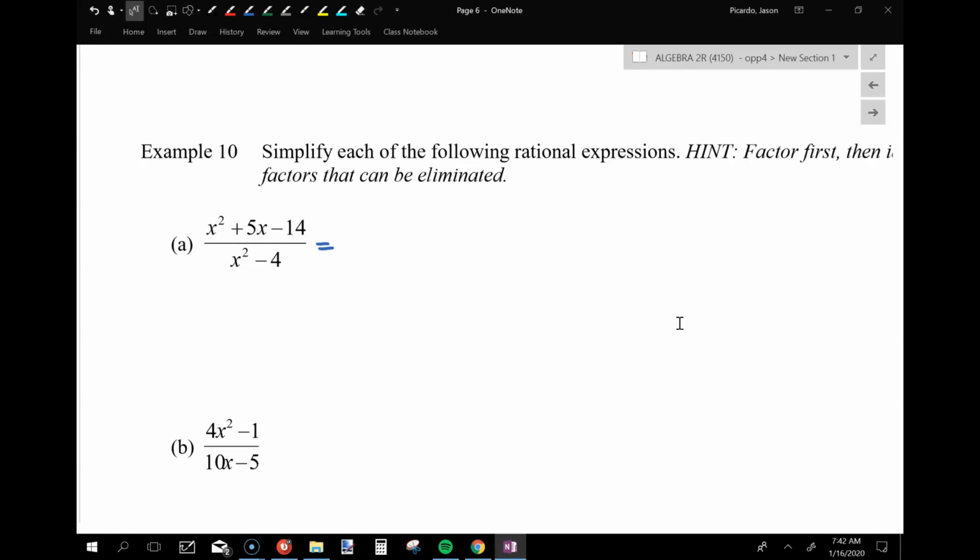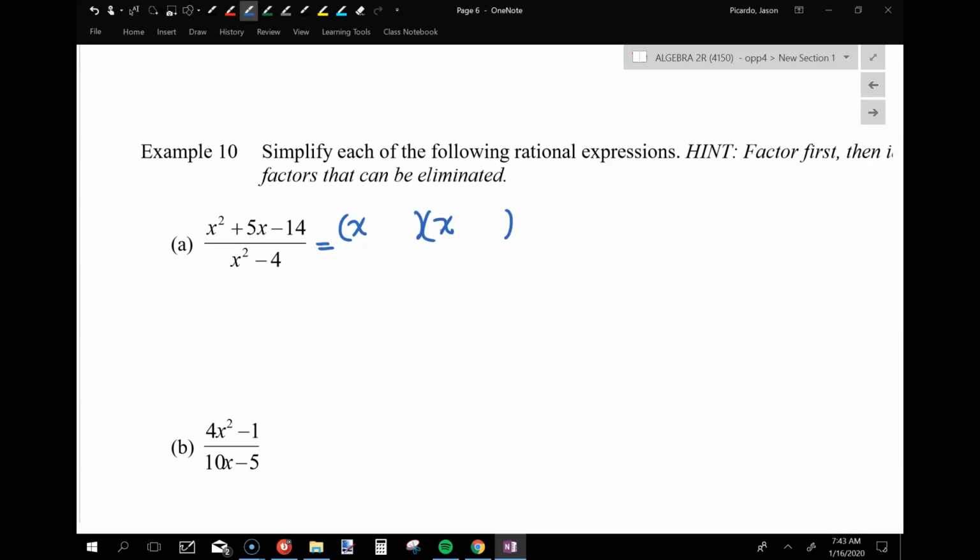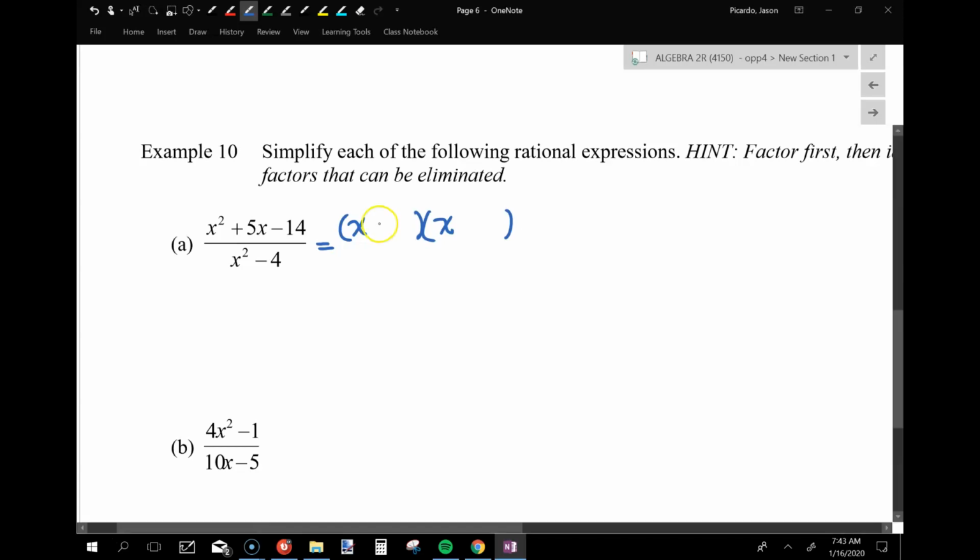So what am I trying to find? 2 numbers that multiply to be negative 14 and add to be 5. Good. What are the numbers? Close. Other way around. Positive 7, negative 2. Why positive 7, guys? Because I need to get a positive 5, which means the 7 has to be positive and the 2 negative, right? Cool.